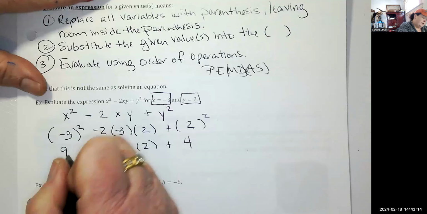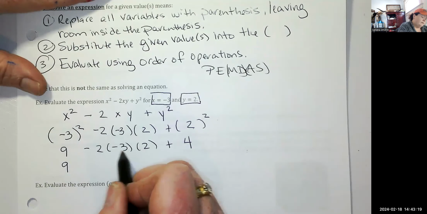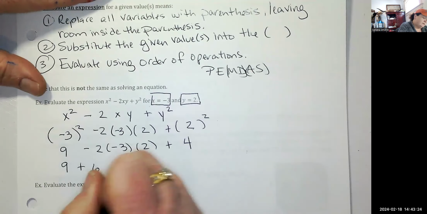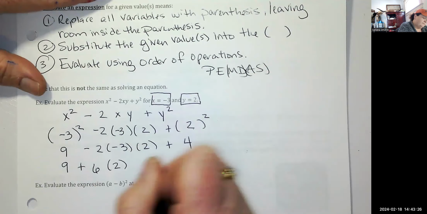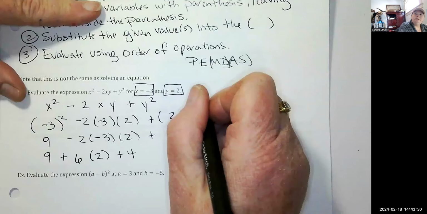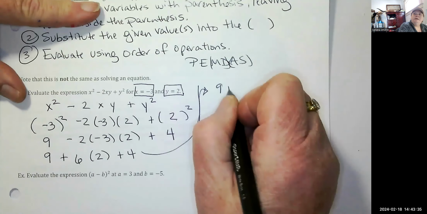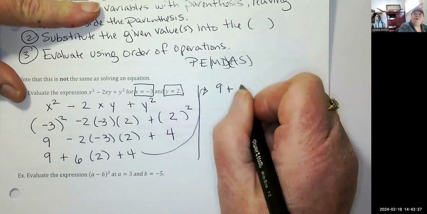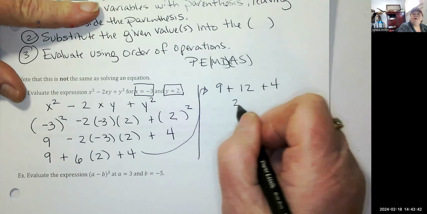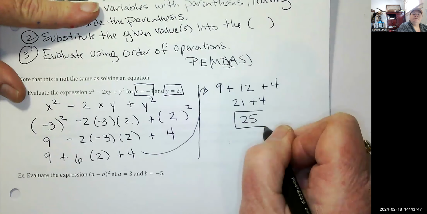I can't do anything with this 9 right now. -2 times -3. Negative times a negative is a positive. 2 times 3 is 6. I'm going to bring down that 2. Now I have to do the 6 times 2. So 9. 6 times 2 is 12 plus 4. 9 plus 12 is 21. Plus 4 is 25.